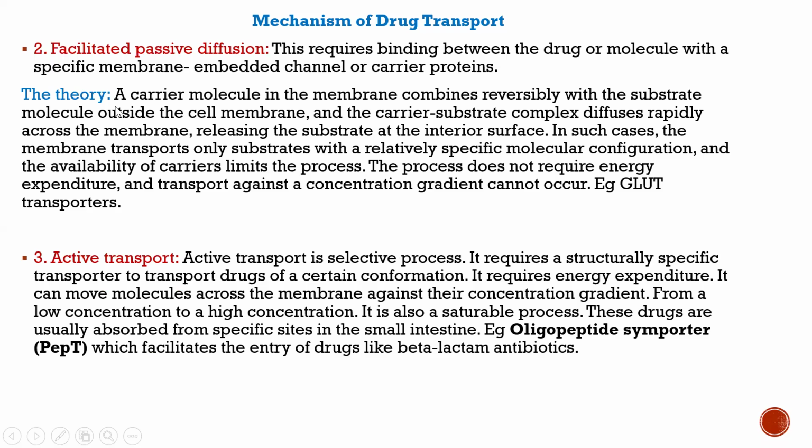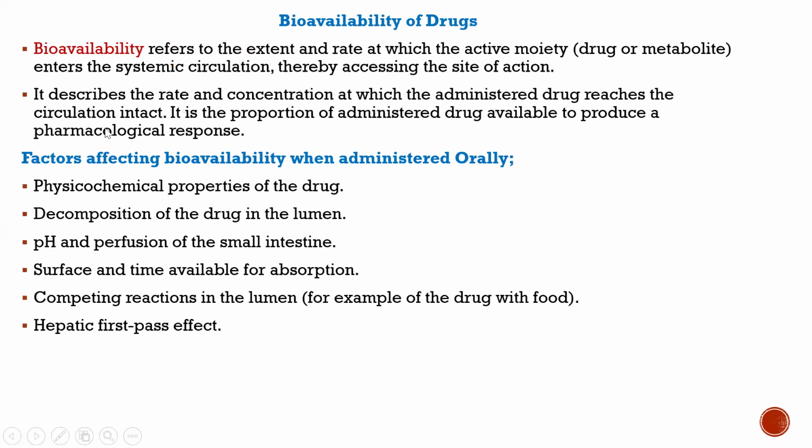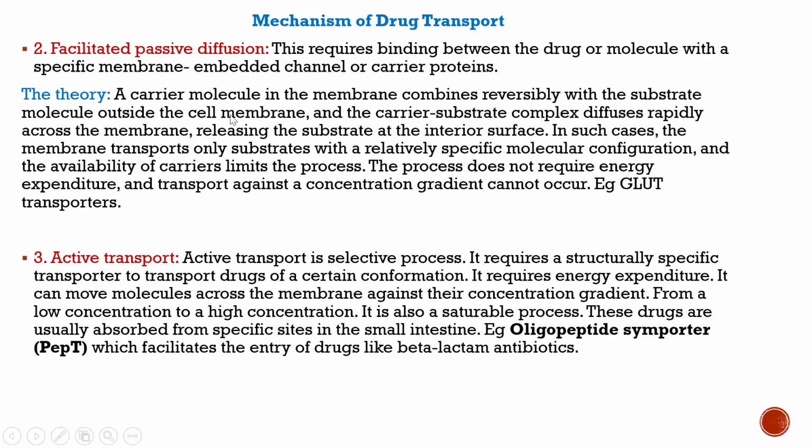So the theory behind this is that a carrier molecule in the membrane combines reversibly with the substrate, that is a drug molecule outside the membrane, and the carrier-substrate complex diffuses rapidly across the cell membrane, releasing the substrate at the interior surface.